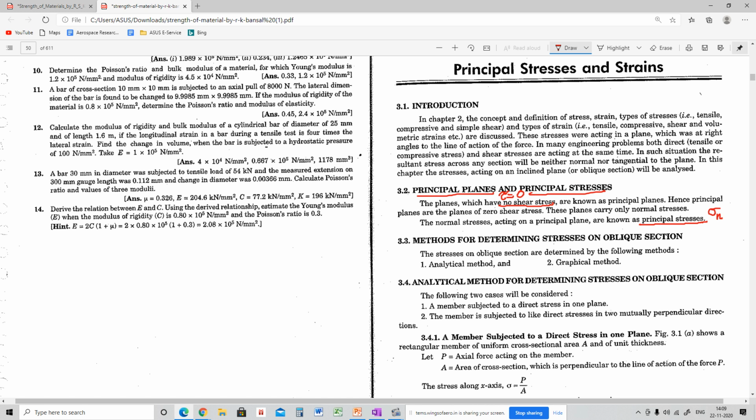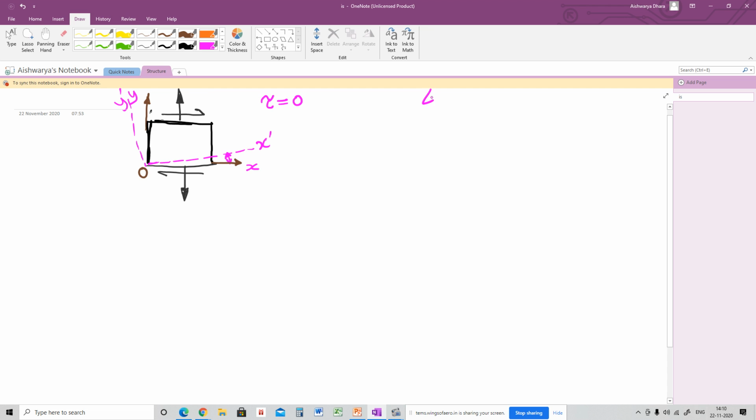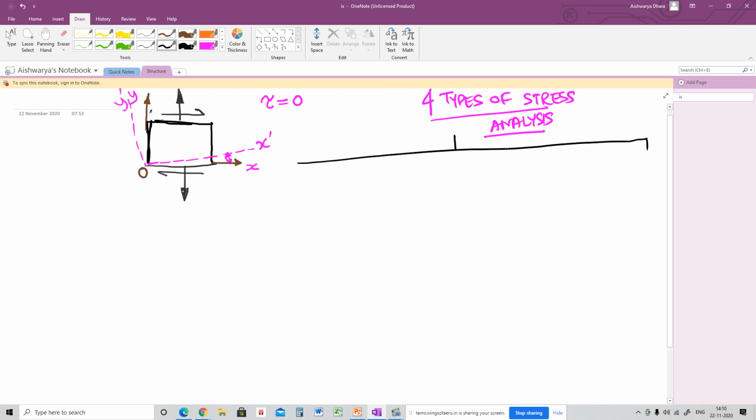Now we have many different types to analyze the stress conditions acting on a body. We have four different types of stress analysis, and you have to remember them.